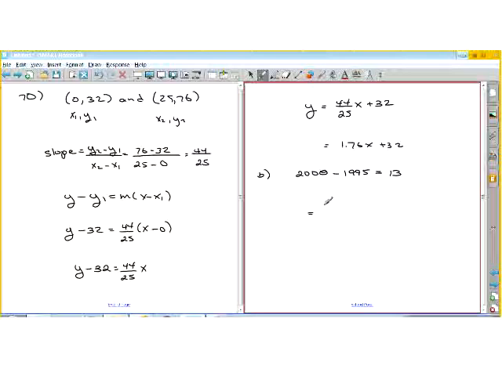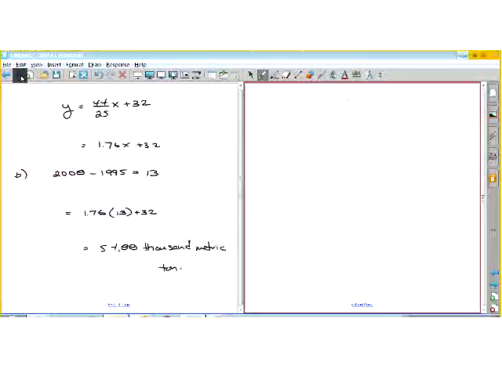And so to find y, which is the heavy metal nuclear waste, all we have to do is take the linear equation, plug in 13, and see what we get. 1.76 times 13 plus 32. That's 54.9 or 54.88 thousand metric tons.